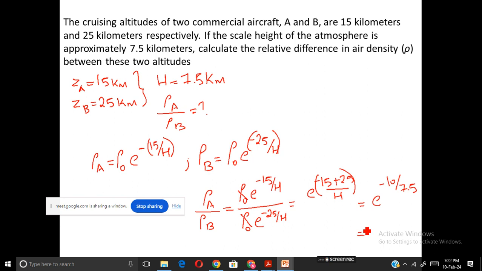How much will it be? So rho A will be around, did anyone get? e raised to 10 by 7.5, which is basically 0.26 rho B. Is it correct?